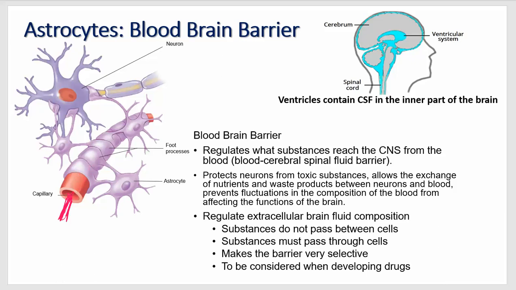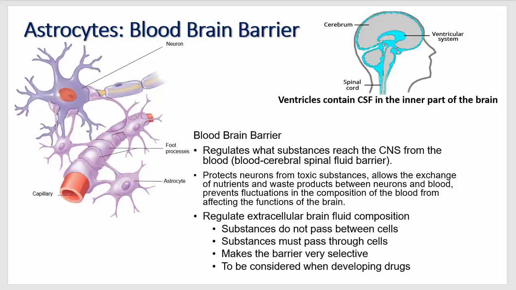So just remember that water is able to penetrate easily and can go in and out of the blood-brain barrier. It's the proteins and other structures that aren't able to pass through. Those have to move physically through these astrocytes.